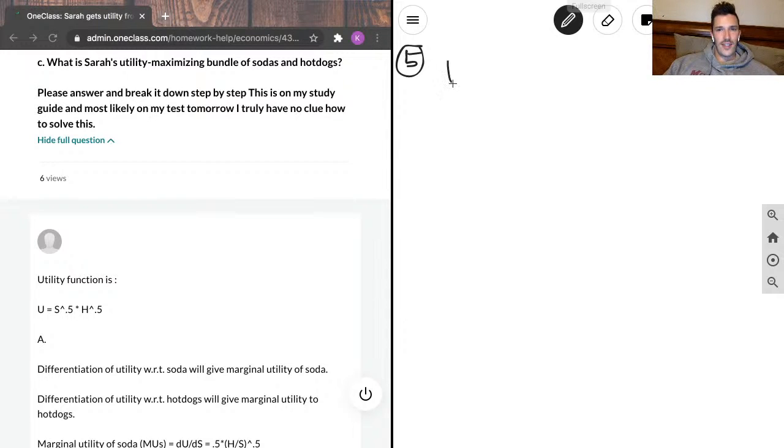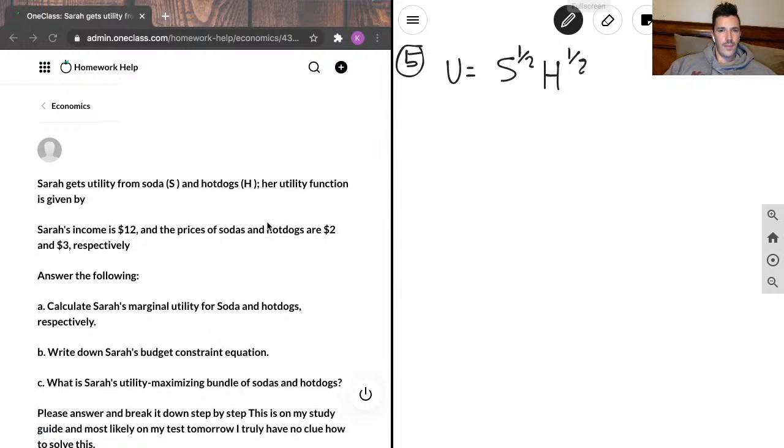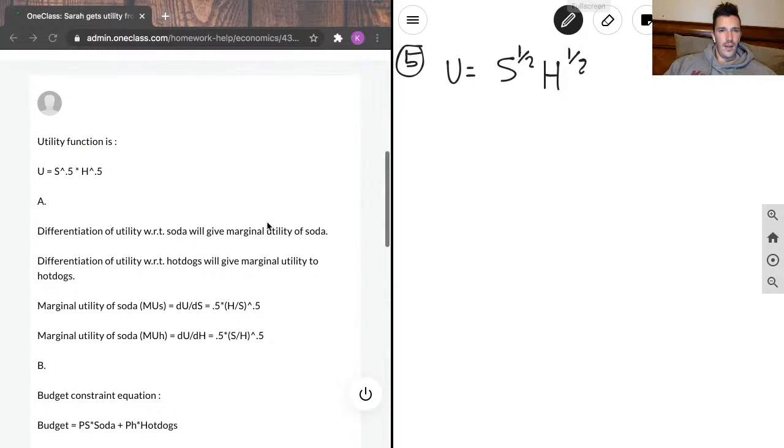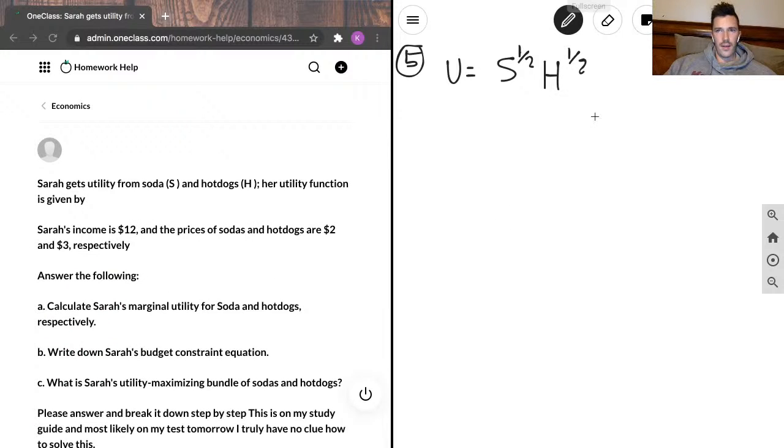So our utility function is going to equal S to the 1/2, soda, times H to the 1/2, which is hot dogs, I think. It's going to be subject to some budget constraint.